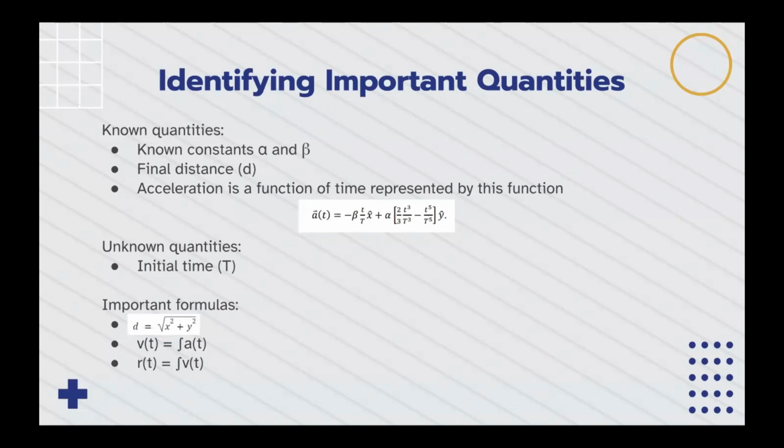And then our unknown quantity is the initial time, which is capital T. And important formulas we identified were distance, which is the square root of x squared plus y squared. Velocity is the integral of acceleration, and position is the integral of velocity.